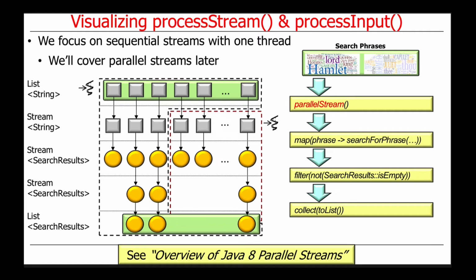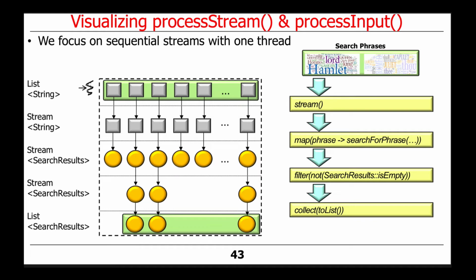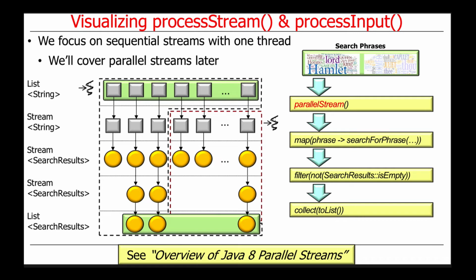And we'll show later how we can parallelize all this using parallel streams. The magic thing to remember here is that the only real change between the sequential version and the parallel version is that the sequential version uses stream as the factory method, and the parallel version uses parallel stream. And that's really about it. So we're going to get an n-fold speedup, where n is the number of cores or hyperthreaded cores, and it'll speed things up tremendously by making one teeny-weeny change in the source code, going from sequential to parallel.